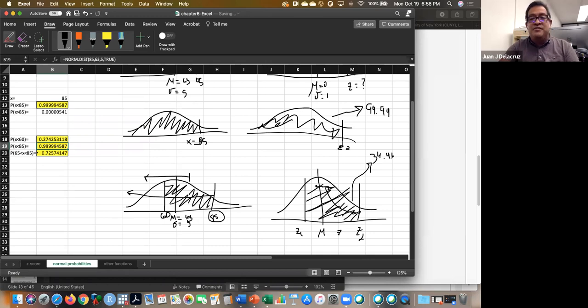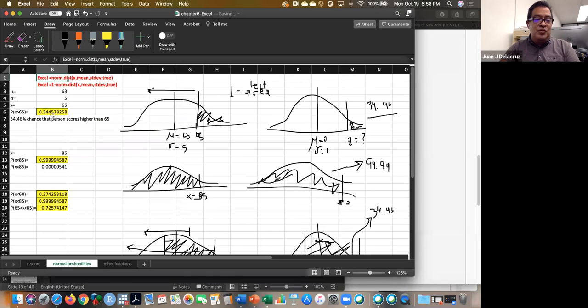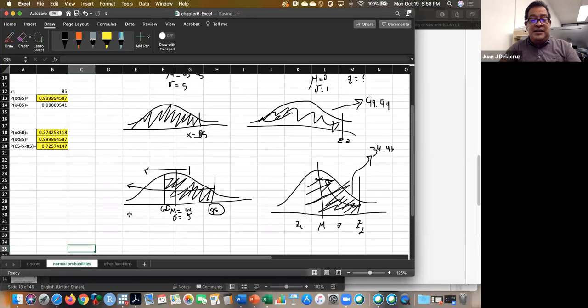And if I use the same 65, probably I was giving a false sensation that the numbers are the same. I don't know how it happened, but absolutely right. That was kind of weird. So in this case, the area under the curve is between 60 and 85. So if I go to the cafeteria and ask for the probability of finding students between 60 and 85, this number is going to be 75%.